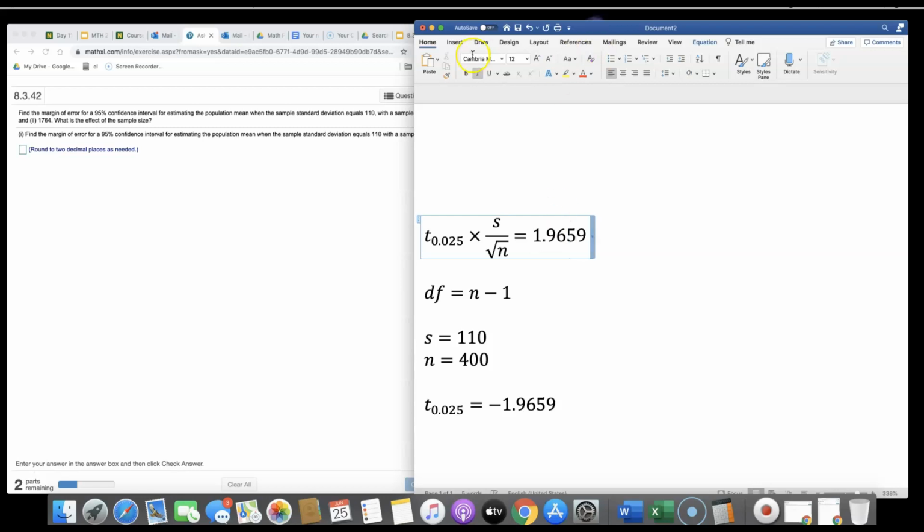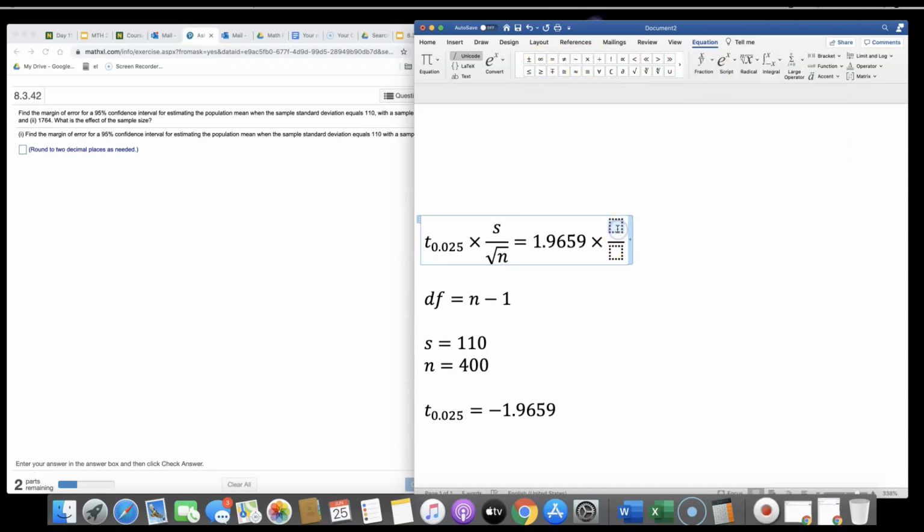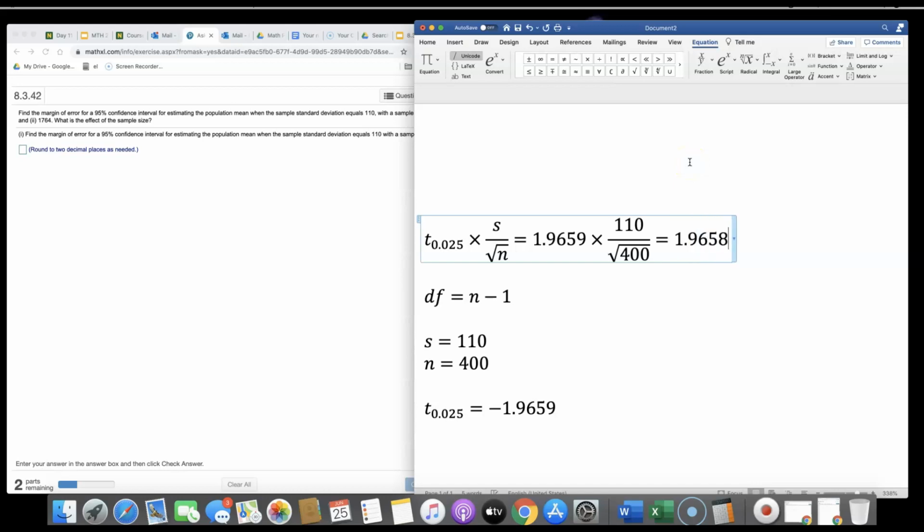1.9659 times, we're going to have to multiply this by a fraction. The standard deviation they gave us was 110. The sample size was 400, so the square root of 400 is 20. So 1.9659 times the fraction 110 over 20.